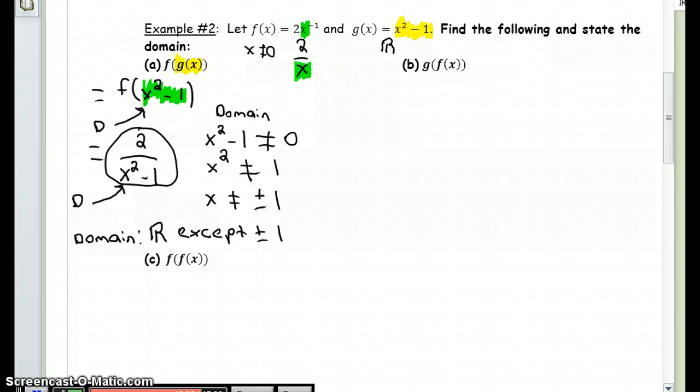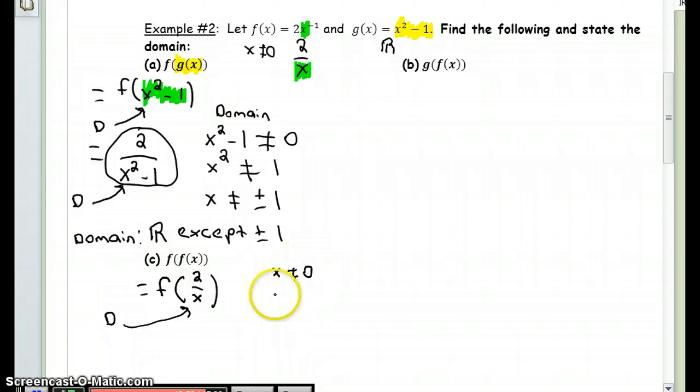All right, now f of x is the function right here. It's 2 over x. So I'm just substituting 2 over x for f of x. Now right away I'm going to deal with the domain like I did up there. I'm going to put a little d here. I can't allow that denominator to be 0. In this one, x can't be equal to 0, and there's nothing to solve like there was in the other problem.